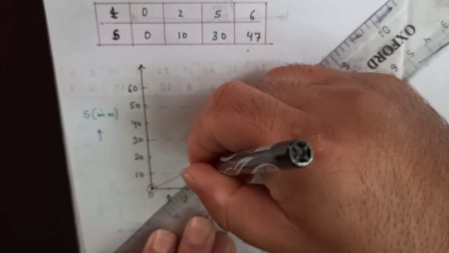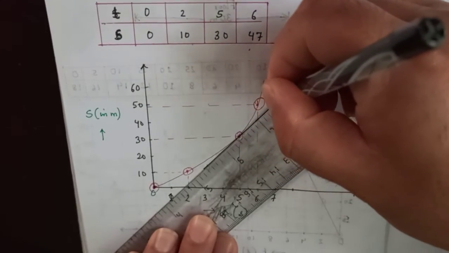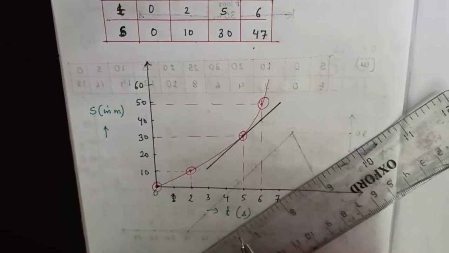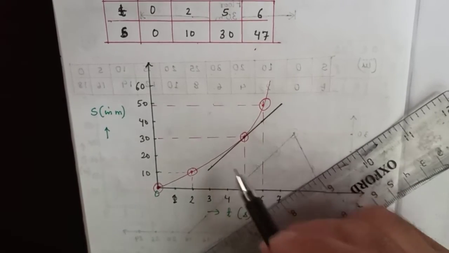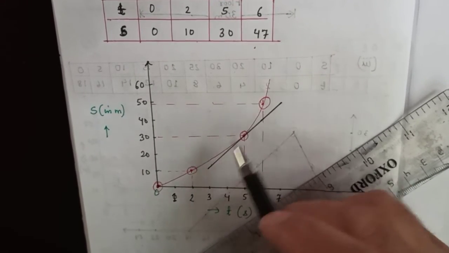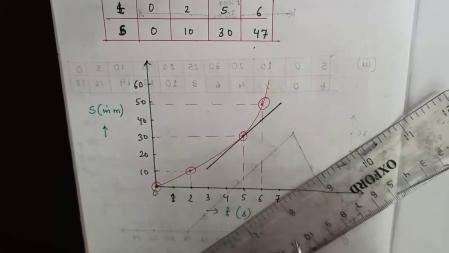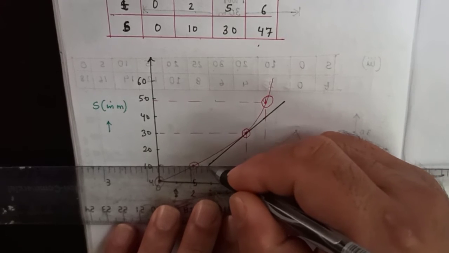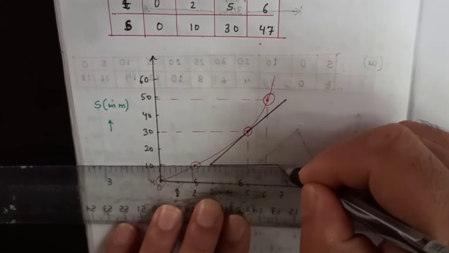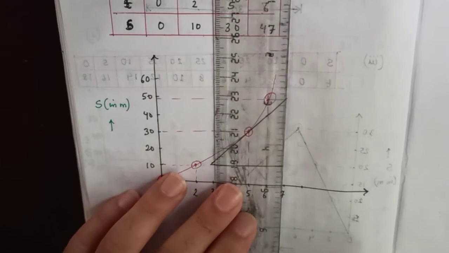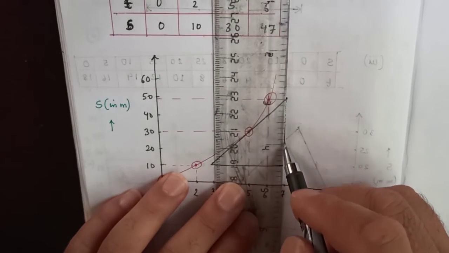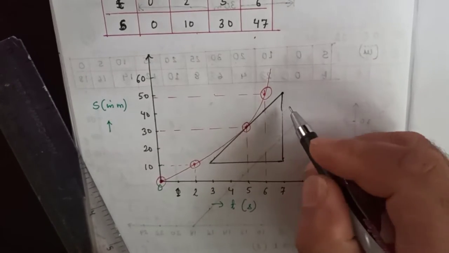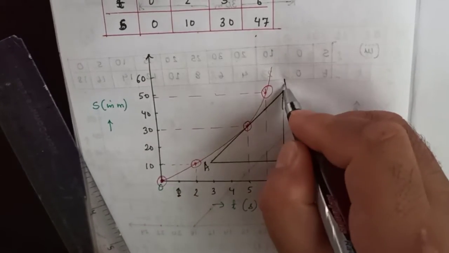Now this tangent, from this we'll calculate the slope of this tangent, and this slope will give us the instantaneous velocity at 5 seconds. So we complete a right angle triangle in this manner. Now let's say this right angle triangle is ABC.